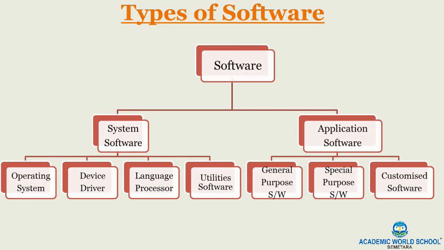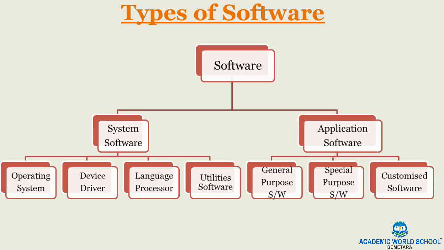Language processor means the software which processes the language. As you know, the computer understands only 0 and 1, that is, binary language. Whenever you type anything, it goes in the form of 0 and 1 to the computer. In between, there is software which converts high level language, the language you type, into low level language, the language which the computer understands.